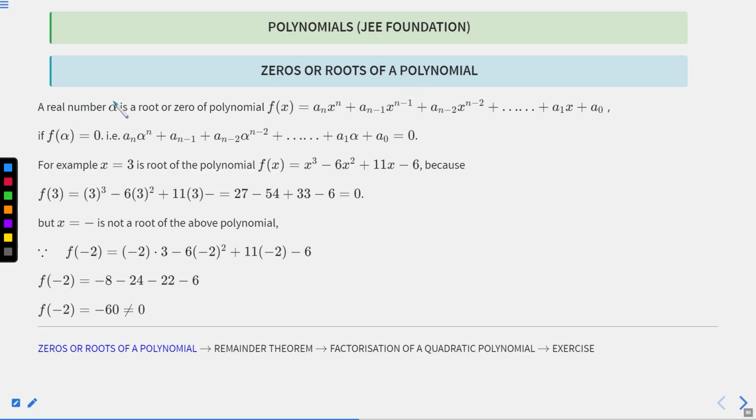A real number alpha, so this alpha is any real number, is a root or zero of a polynomial f(x).